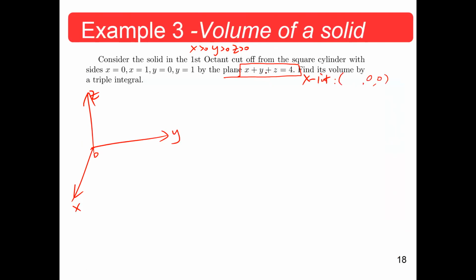So with y and z both 0, x would be 4. Similarly, the y-intercept will be 4, and the z-intercept will be 4. So you should have 4, 4, 4 for the three intercepts. So the plane, oh, it won't let me sketch the big line here and here. That's going to be the plane, right?